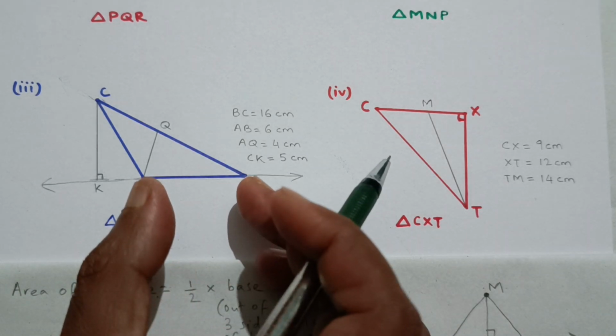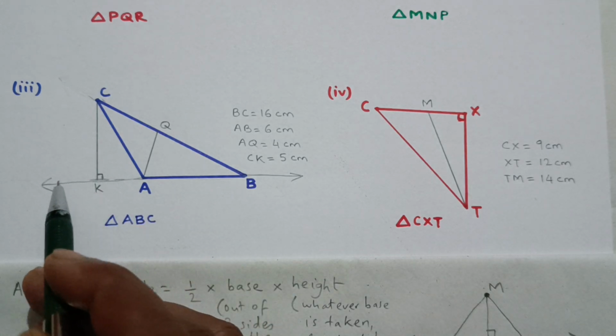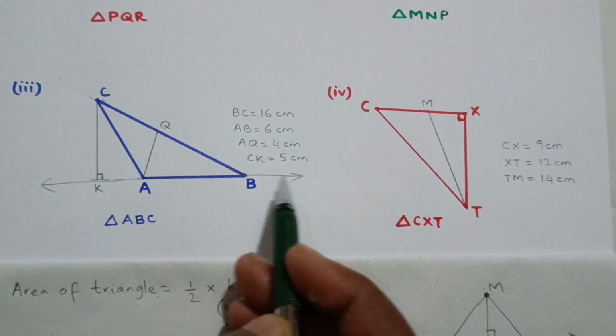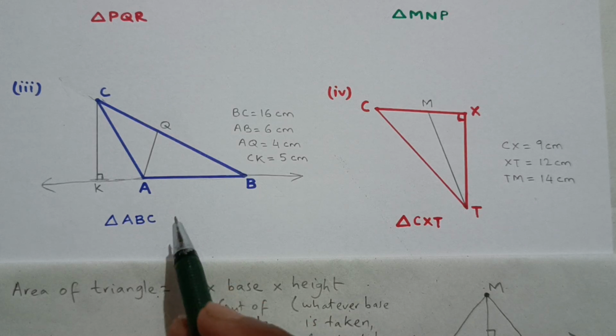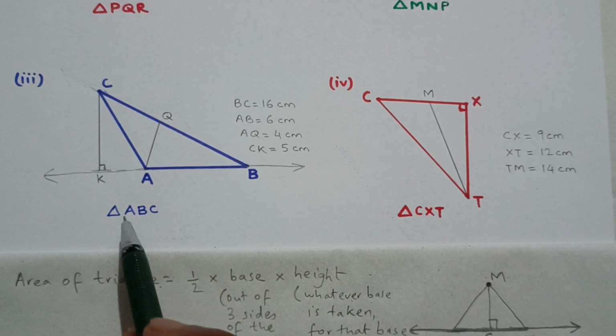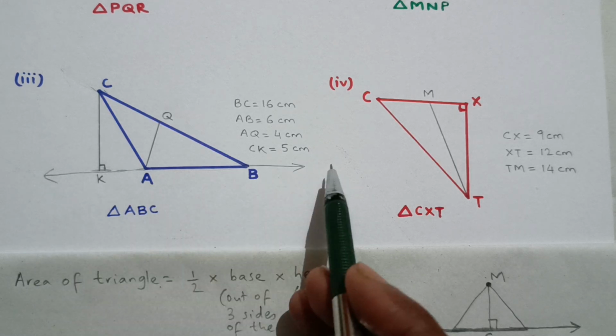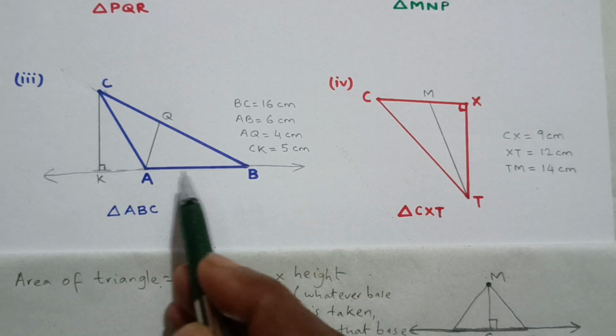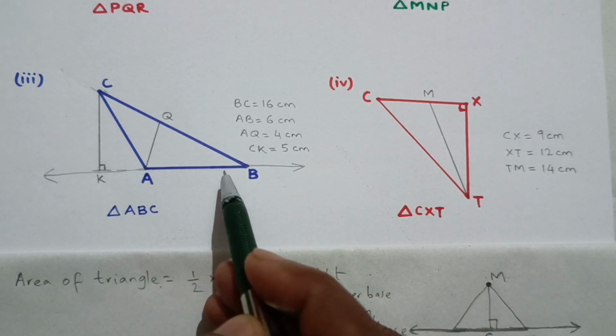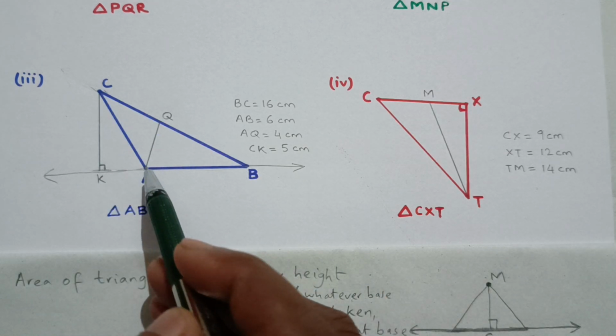Even though the measure we will take is of AB only, because we are considering triangle ABC, we can't take the measure of this entire line.